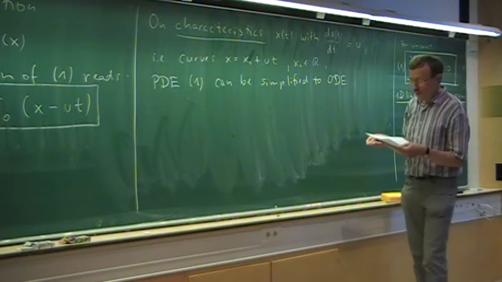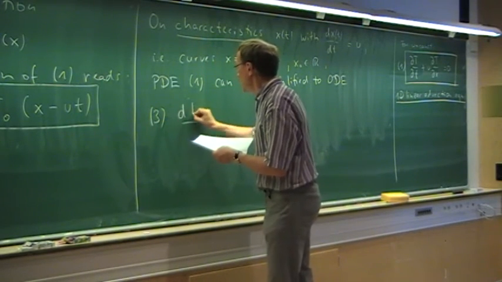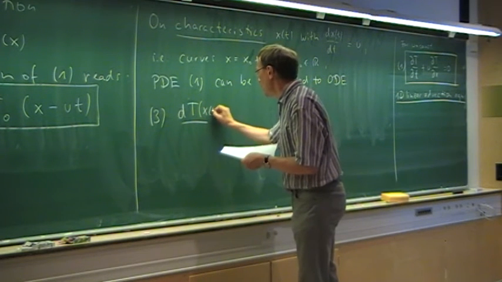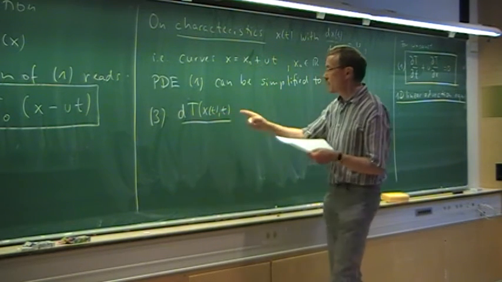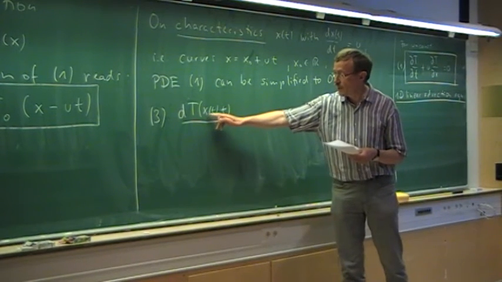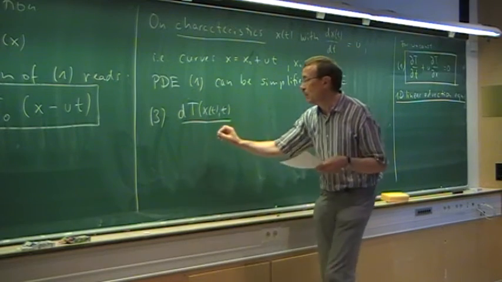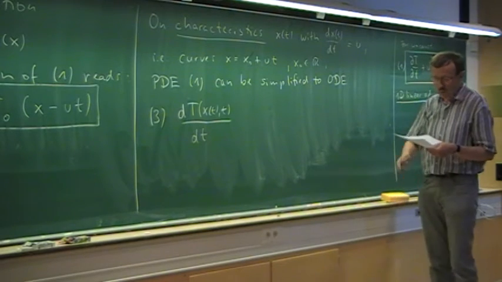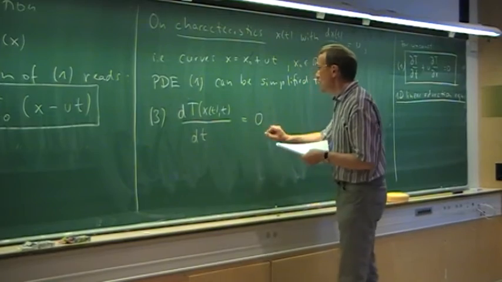And this ODE that we get, that is the claim, is the following, that we have the derivative of T(x(t), t). So that means now the arguments both depend on t. This is clear, but here now, since x is no longer an independent variable, it's now dependent on t. So then this is just a function of t. So we can do the first derivative with respect to t, and the claim is that this is 0.